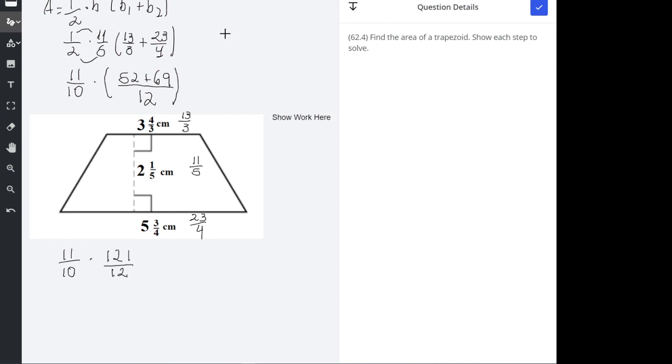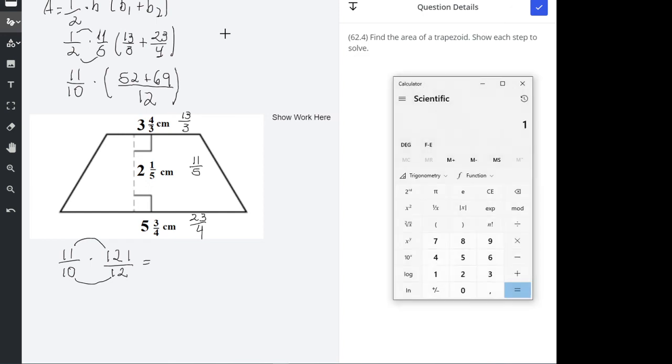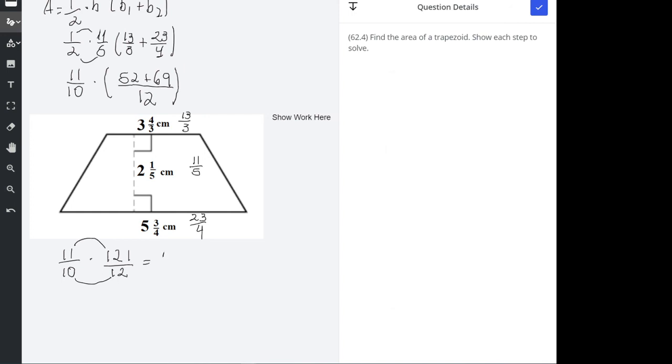And right now let's multiply. Numerator times numerator, denominator times denominator. It is 11 times 121. Calculator again. 11 times 121 is 1,331. 1,331 over 10 times 12, 120. Woo, we finish. Here is the area.